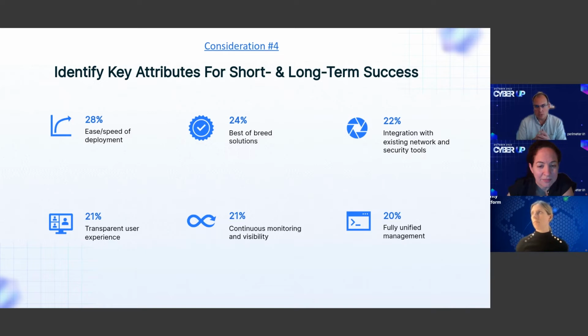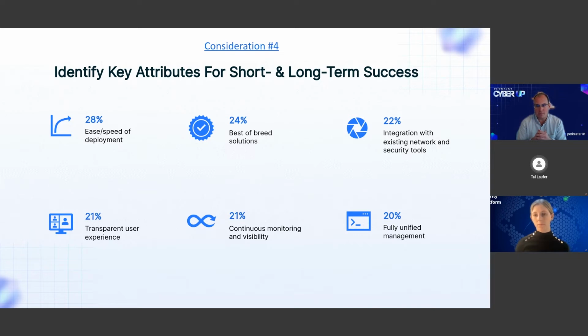And so some of these are short-term, some of these are long-term. Ease and speed of deployment is obviously, can you get moving quickly, generate quick wins to help build momentum within the organization to expand over time. That's certainly important, but best of breed solutions would be more longer term.